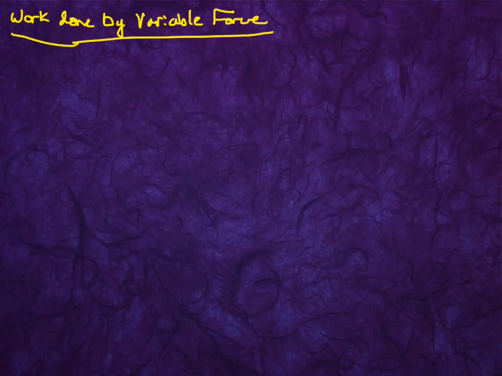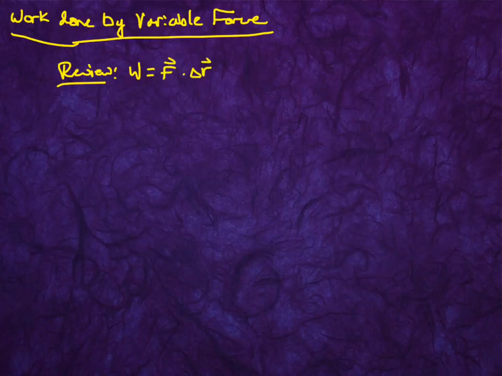So real quick review. That work equals F dot delta R, which winds up being our force times our displacement in the direction of the force, and we compensate for that by using a cosine of 90 degrees.